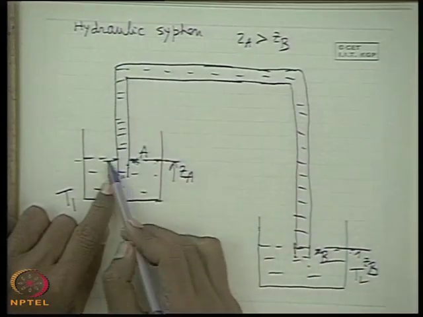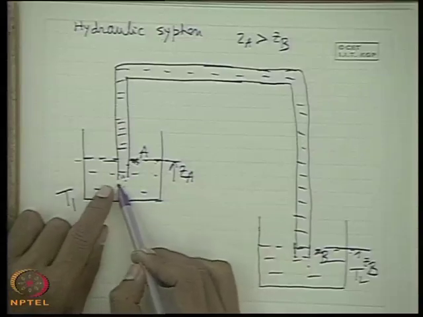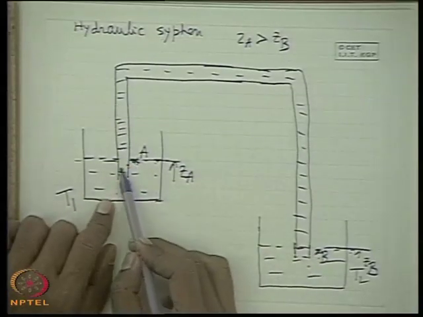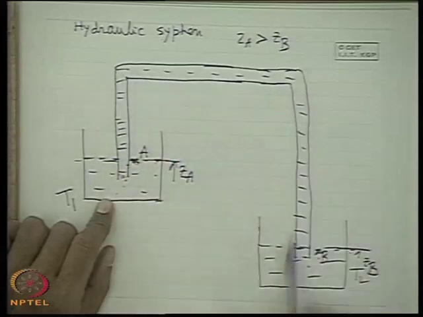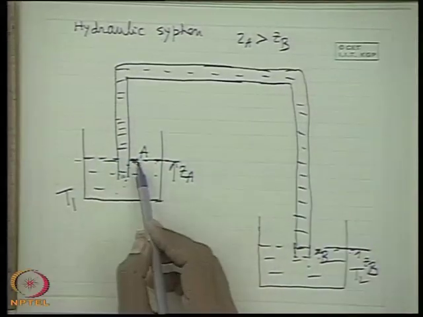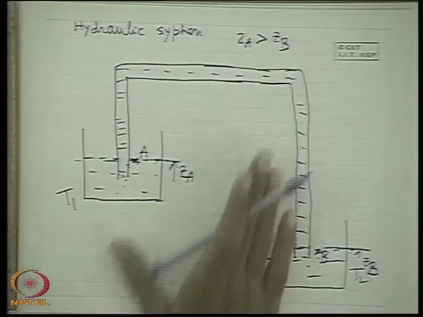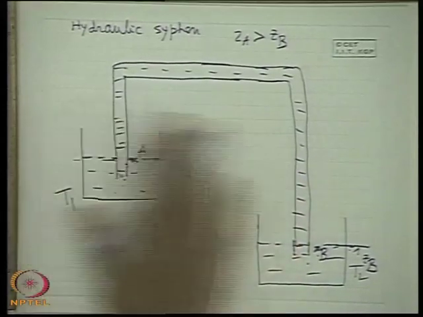Since there is an energy difference between A and B, the water will go on flowing from A to B. So if we consider the points A and B, it is very simple, because I am telling you, if you can understand the thing physically, then the equations are very simple.